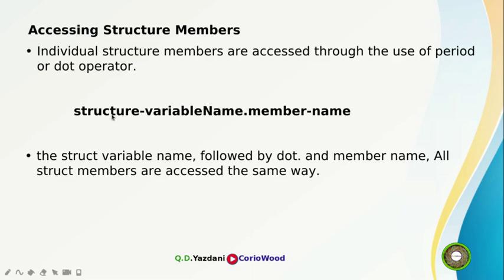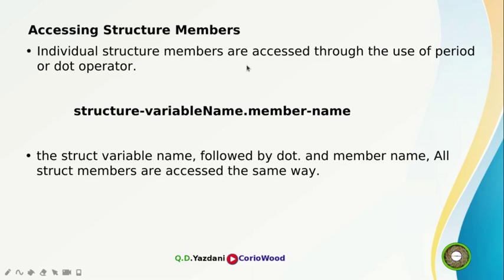If you want to access your structure variable in C++, this is how. Alright, this is the end of the slide, and in the next video we are going to start programming. Keep in mind you have a structure, and that's how you access it.